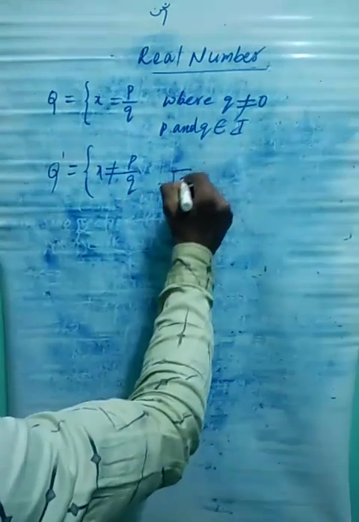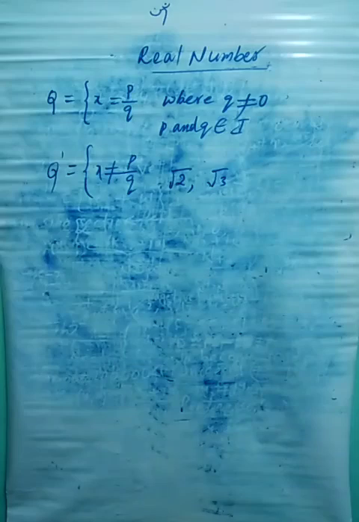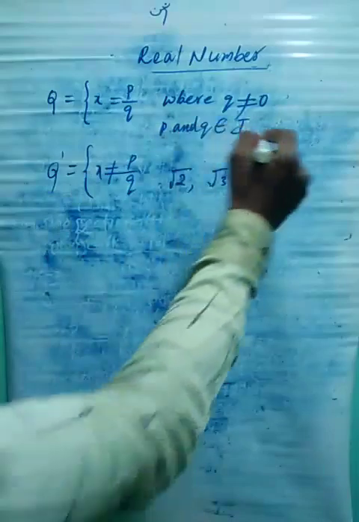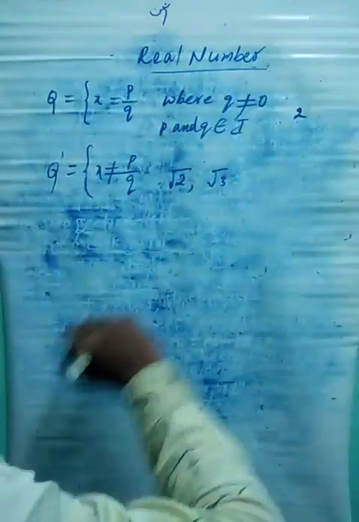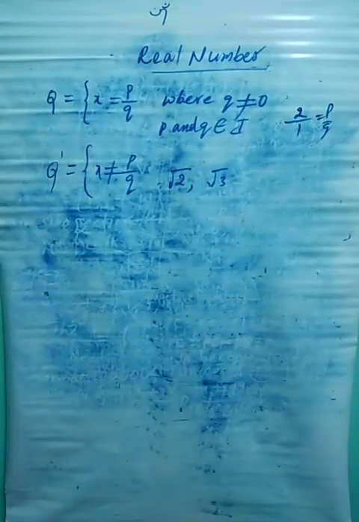Using rational and irrational numbers, we solve some of the problems in this chapter. Examples of irrational numbers are root 2 and root 3. Any integer is a rational number. Suppose 2 is a rational number, because it is in the form of 2 by 1, which is nothing but P by Q.